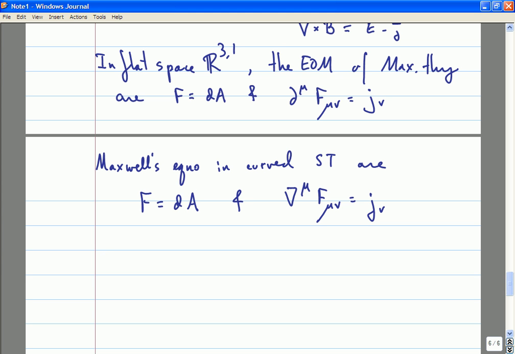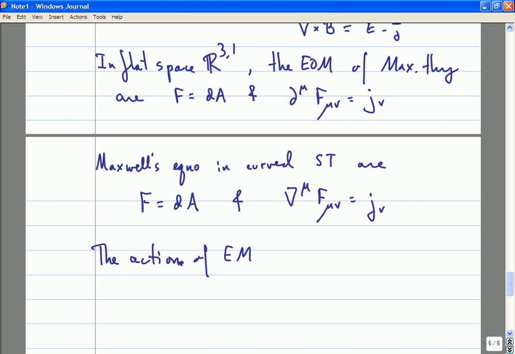The action of electromagnetism has to be a functional of the vector potential A. It has to be quadratic in the derivatives of A. And it has to be coordinate invariant. And in fact, if we impose just one more symmetry principle, then the action of electromagnetism will be uniquely determined.